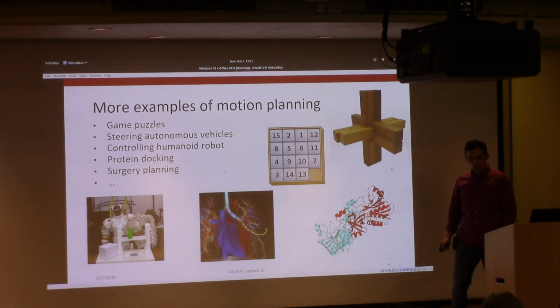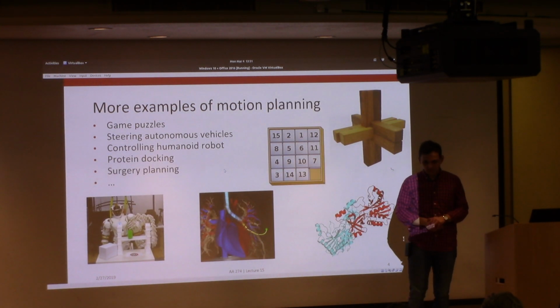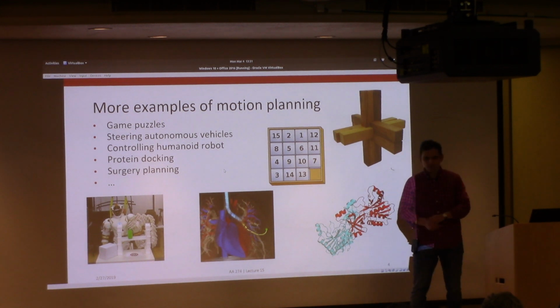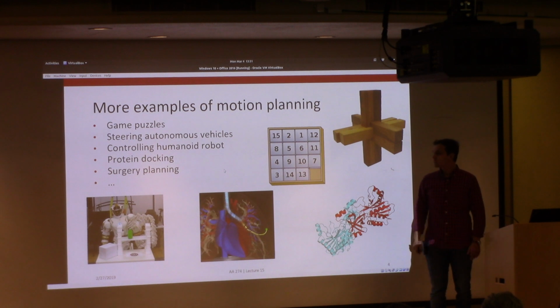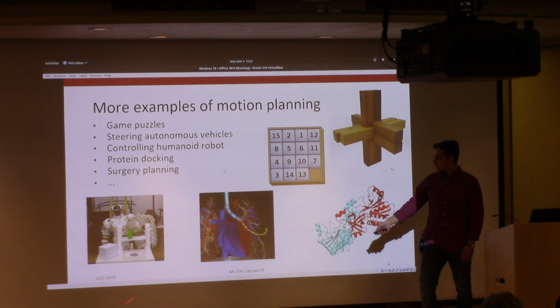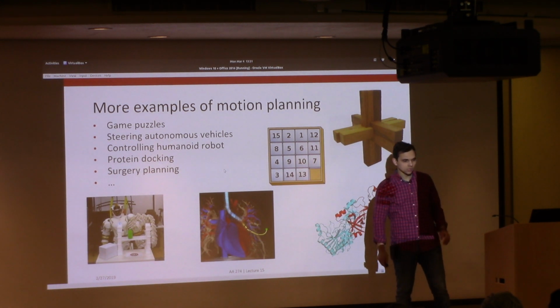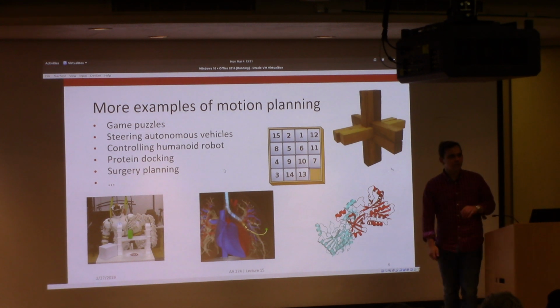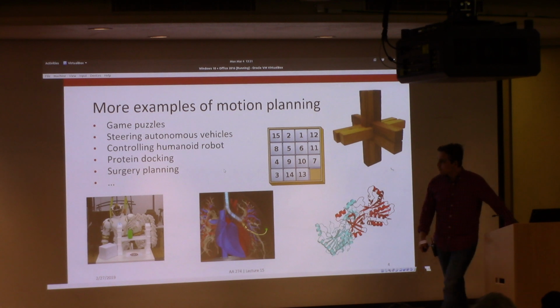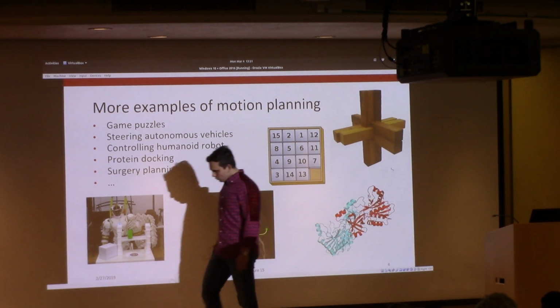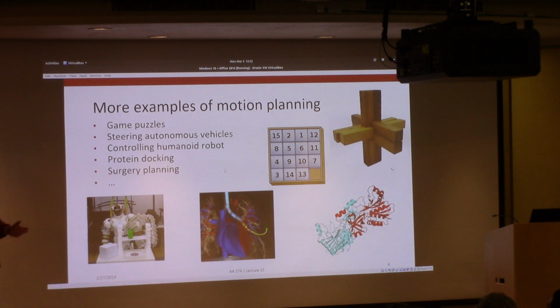So, of course, we're talking about robot motion planning. And techniques for motion planning are used extensively in robotics to plan paths for humanoid robots, for steerable cars, for autonomous spacecraft, etc. But it's worth mentioning that motion planning is not only applicable to robotics.